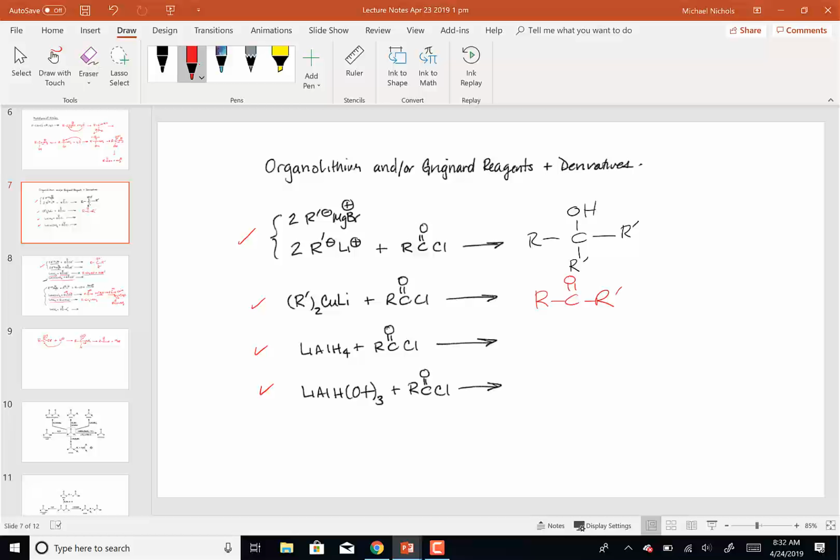But these are all carboxylic acid derivatives. What do we do with carboxylic acid derivatives? We replace that other group with something. That's what they do. That's how they react. So when you have an ester or an acid chloride or an anhydride, particularly the top three, you're replacing that group, the chloride, the carboxylate, with something else.